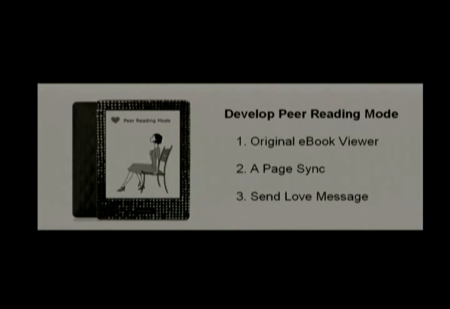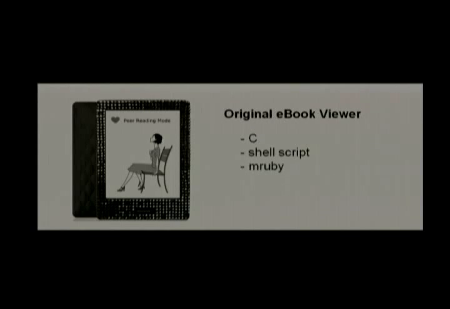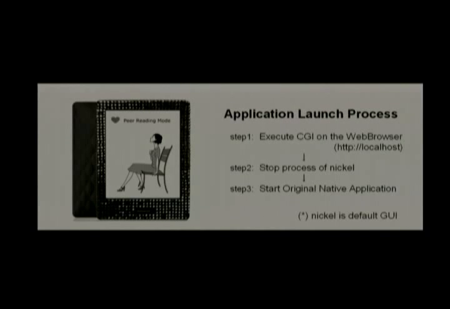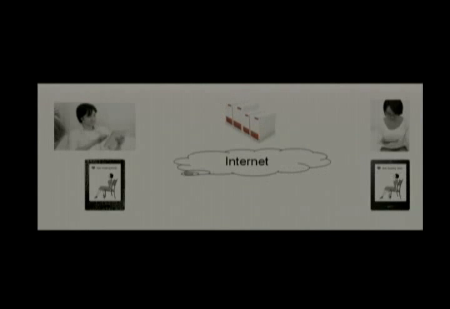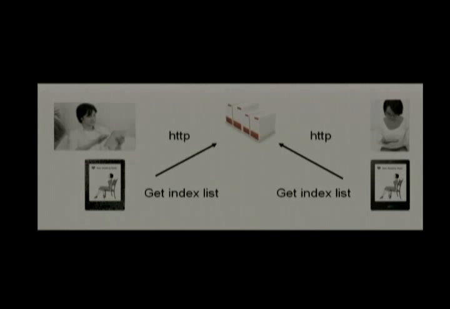It's his idea. Also, yes, we need Kobo. Kobo looks variable, you see? Application launch process is not so difficult. How about system? It's not so complicated. It's very simple. Yes, I need to send a love word.